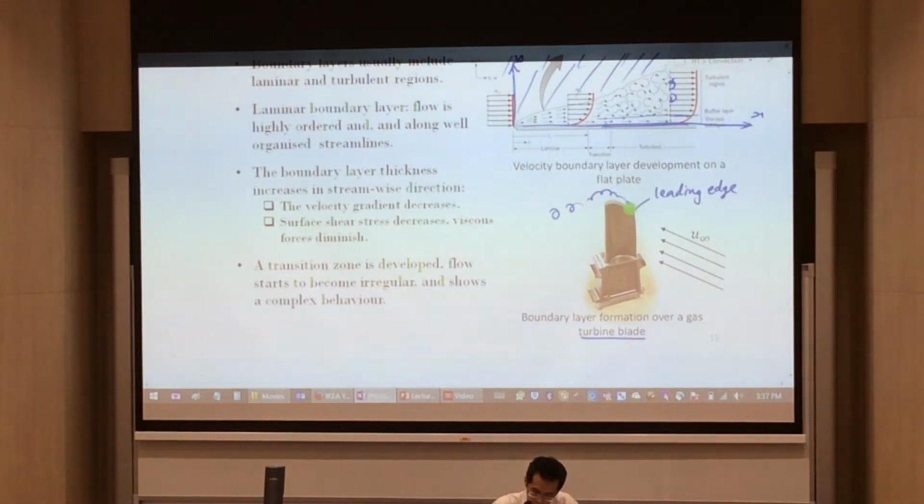But because the profile of your turbine blade is arced so well, you have mostly laminar flow going on in there. Okay? So that's one way to make sure that you wouldn't have much losses in transferring the energy to your turbine blade.